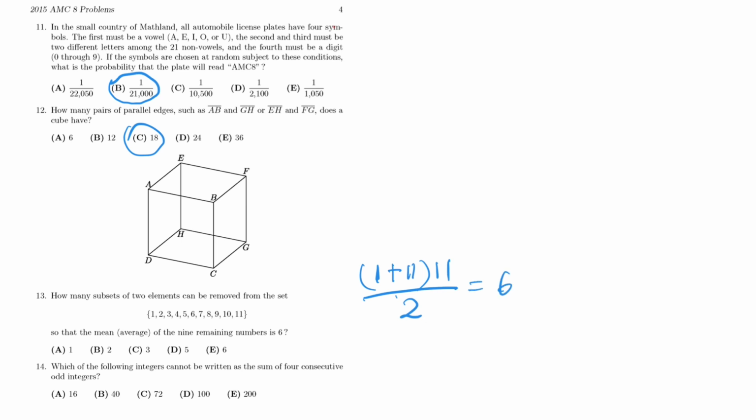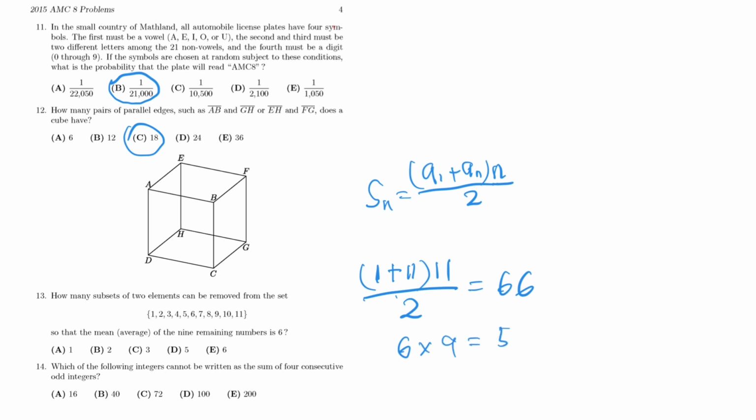That's 66. It is an arithmetic sequence: the sum equals the first number plus the last number times the number of numbers, divided by 2. And then for the remaining 9 numbers, the average is 6. That means the sum is 6 times 9.